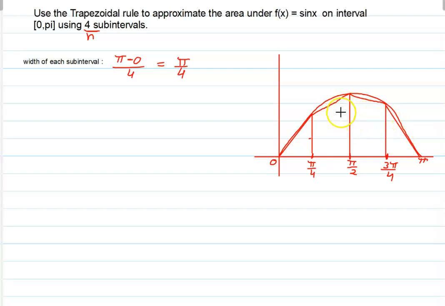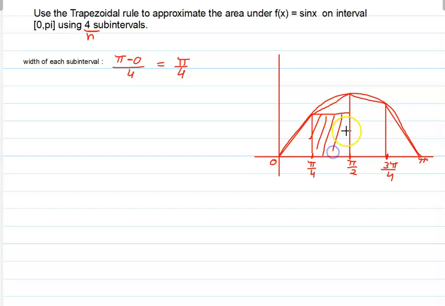When we use the Riemann sum to find the area, we use rectangles. When we use rectangles, either using the left point or using the right end point, those rectangles give us either the lower estimate or the upper estimate.